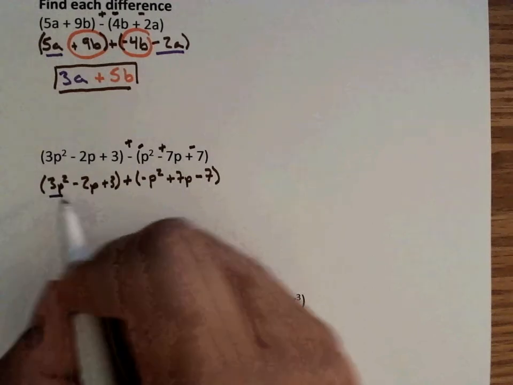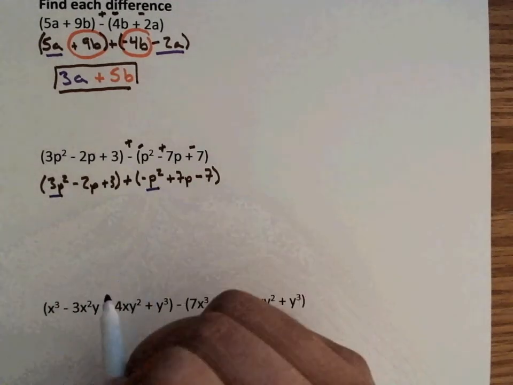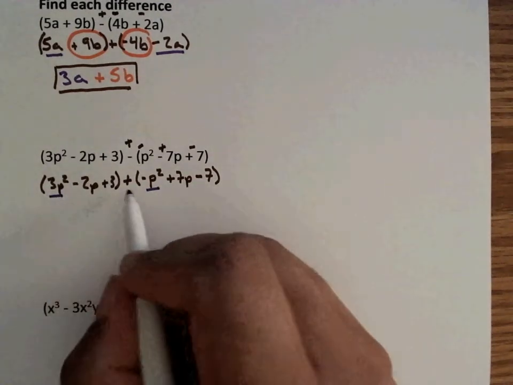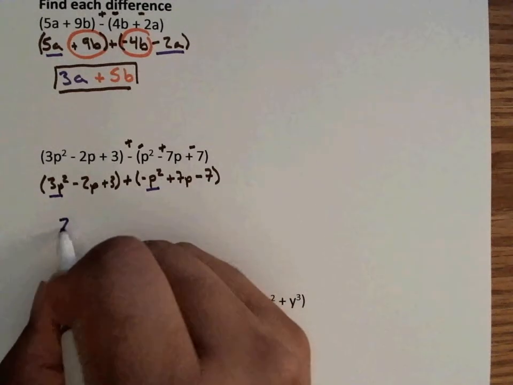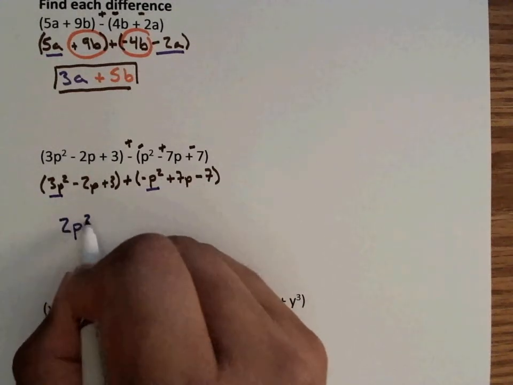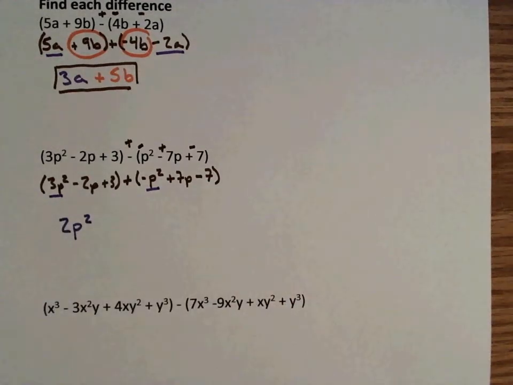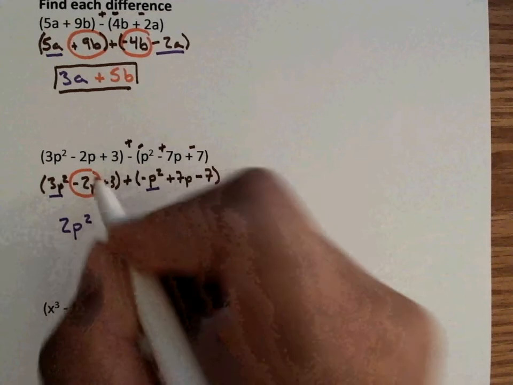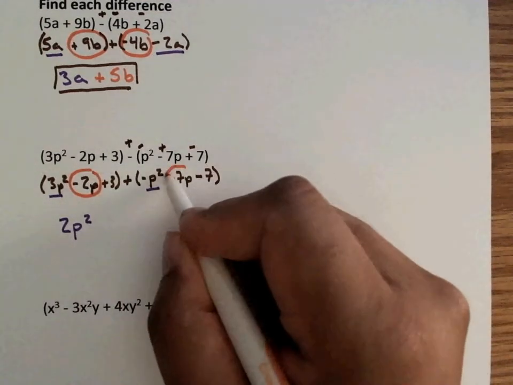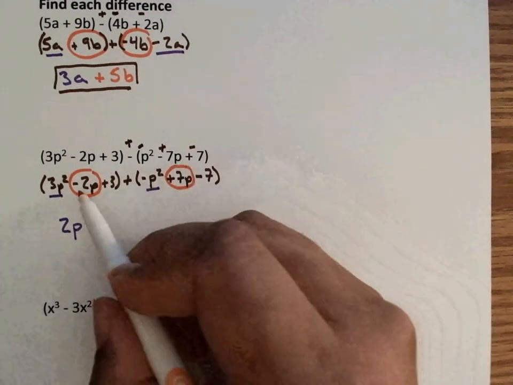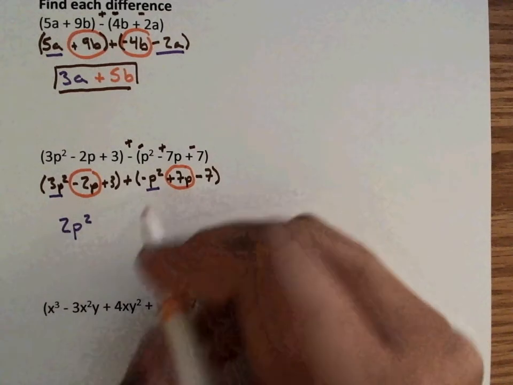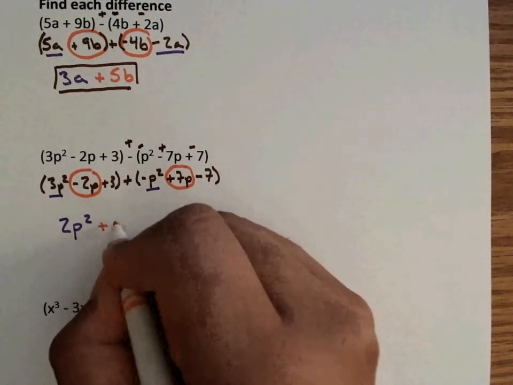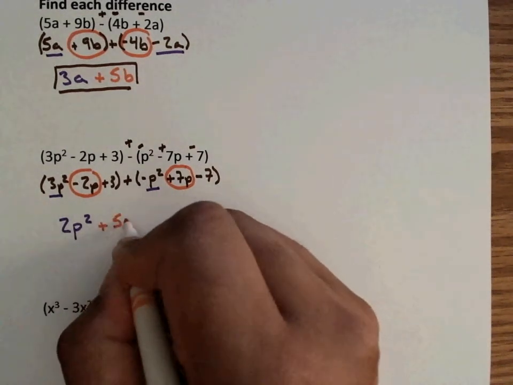So we have a 3p squared and we have a negative p squared. So 3 plus negative 1 is 2, so we have 2p squared. We go on to our next like term, which is our p's. So we have a negative 2p and we have a positive 7p. So negative 2 plus 7 will give me a positive 5p.